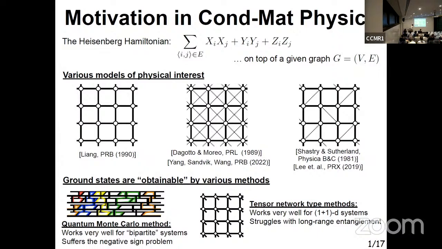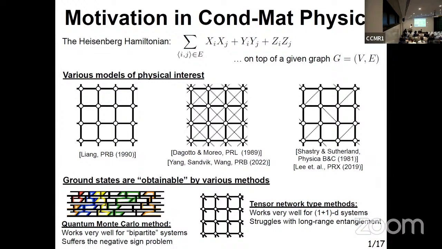In condensed matter physics, this is known as the Heisenberg model, and it's actually used very often because it models a lot of different materials. Physicists are usually interested in the case where the underlying graph is a periodic structure, some kind of lattice, and you're usually interested in the thermodynamic limit, which means the infinite size limit, and how the ground state converges to some kind of phase of matter.